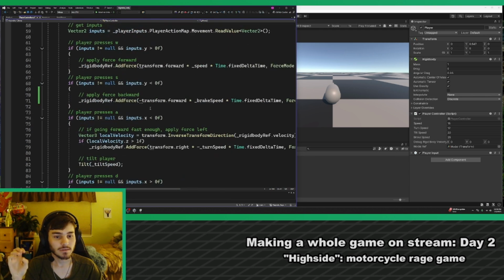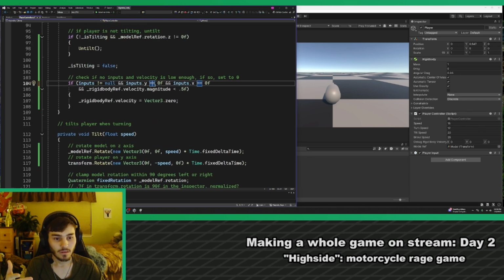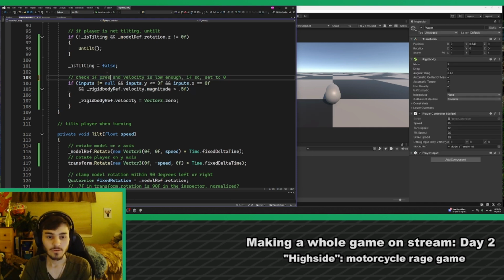But S happens when it's less than 0. So less than or equal to 0. So check if pressing any key, check if not pressing any key to S unless it's 0.